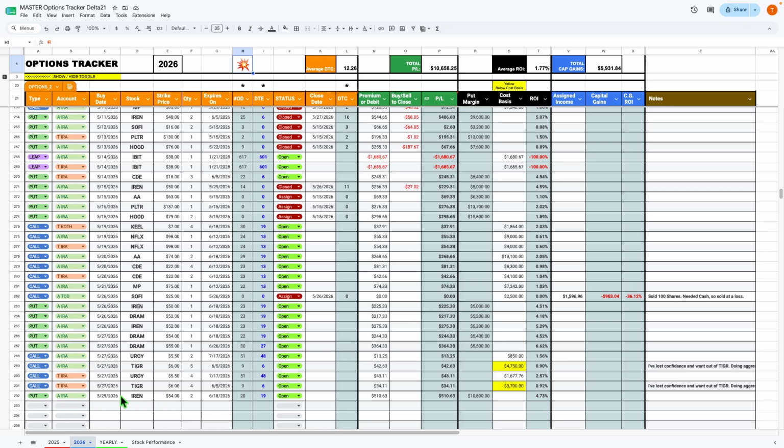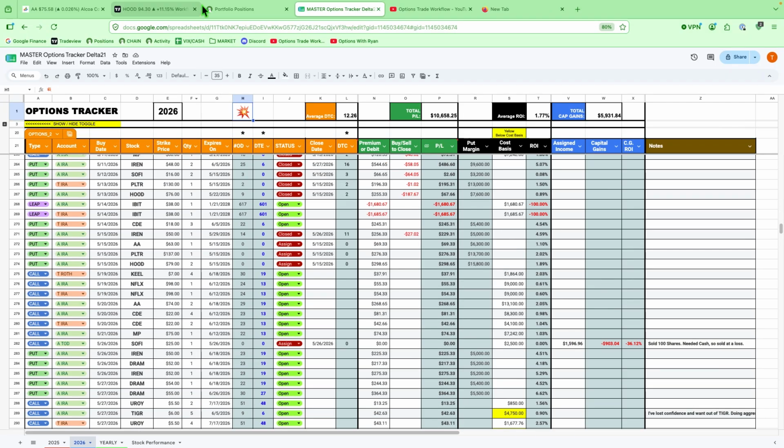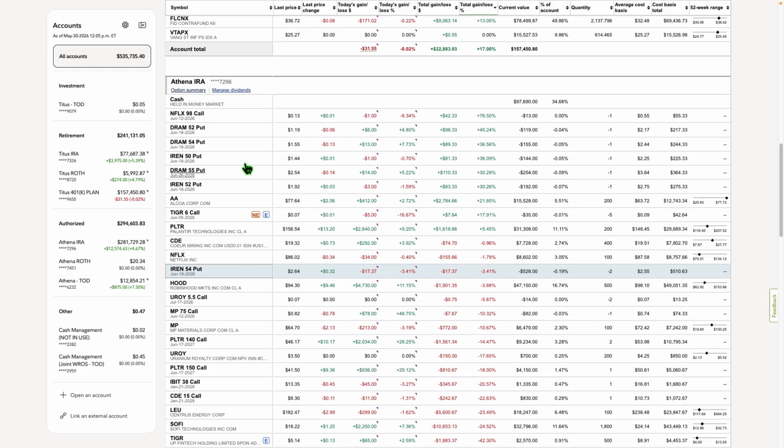As you could see right down here, I placed my last trade for May on 5/29, so that was yesterday. It was with IREN at a strike price of $54. It was 2 contracts, and if we take a look at my Fidelity account, here it is in my Athena IRA.